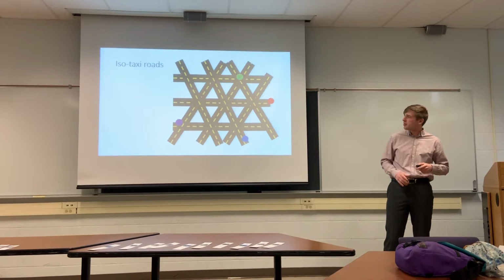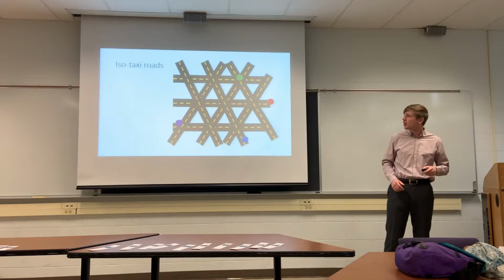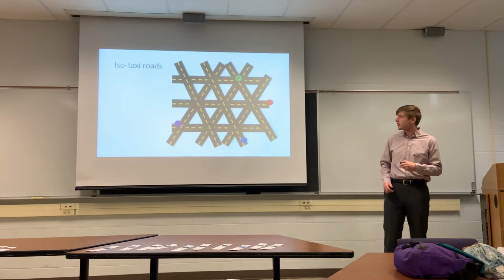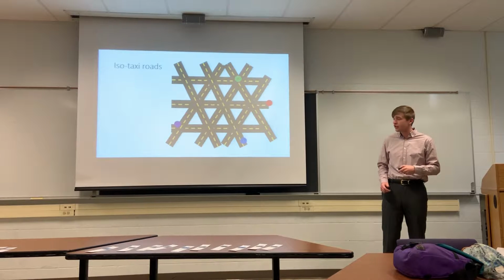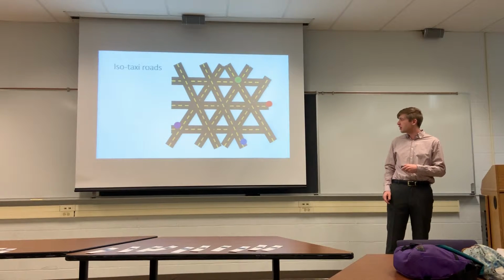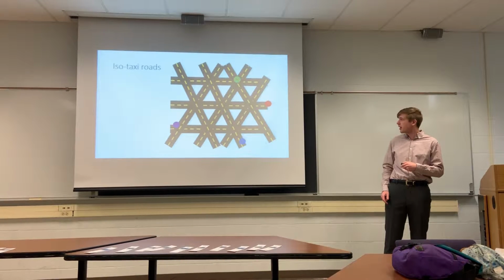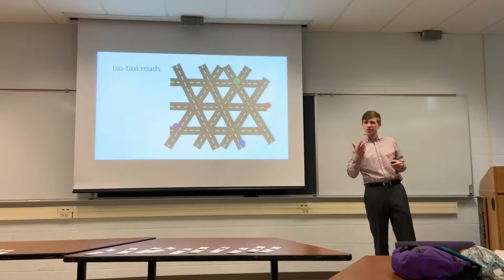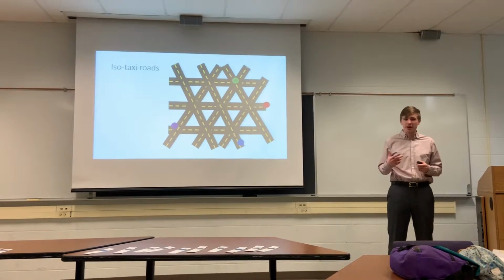To be more precise, my metric will look something more like this, where the distance between A and C, the taxi cab will have to go over and down, and so that will be the distance between those 2 points. The distance between A and D will be over and over again, and then A and B will be down and over. So that's the intuitive idea of thinking about my metric.